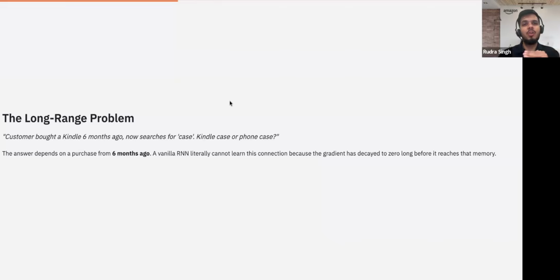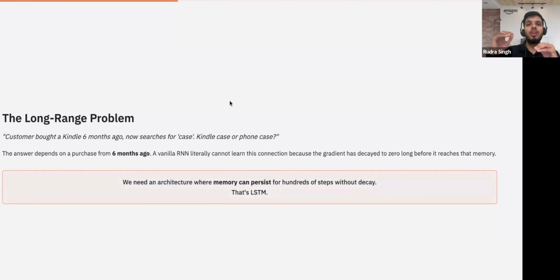So it literally cannot learn this connection, not even slowly, not even imperfectly, but not at all. The learning signal for the vanilla RNN is mathematically gone. So we need an architecture where memory can persist for hundreds of steps without decaying. That's exactly what LSTM was designed to do.